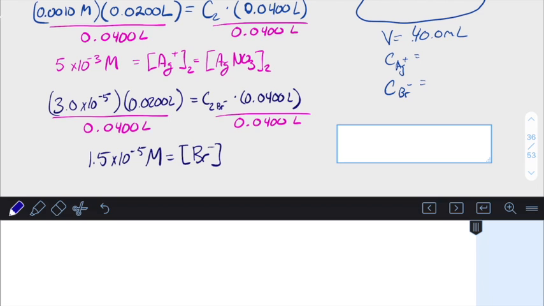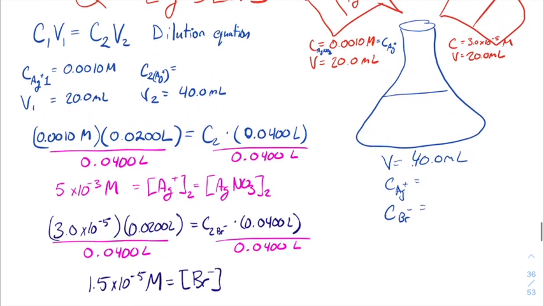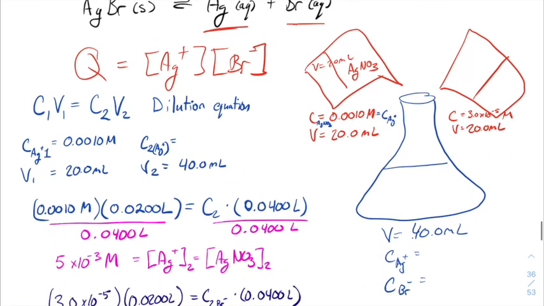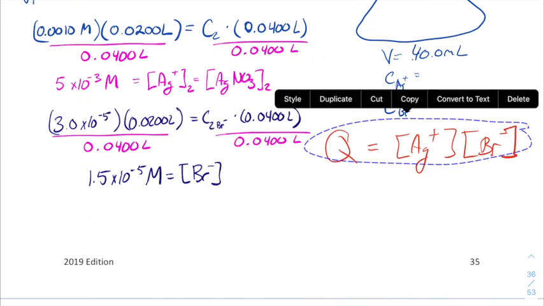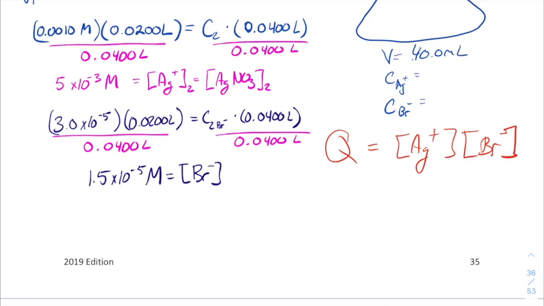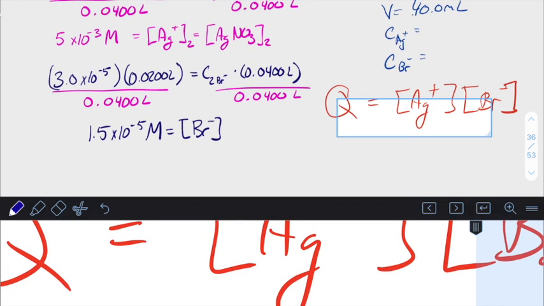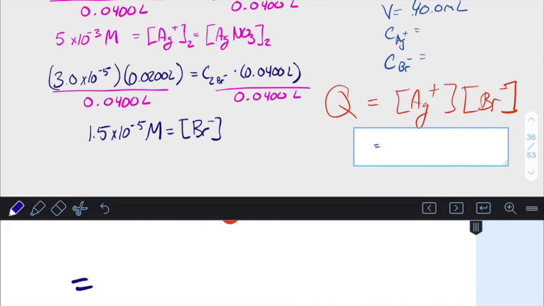Okay, so my Q test, it's time for the Q test. I wrote that out up here way back. So I'm just going to take another copy down here so I can do my final steps. Replace those values with my new values.